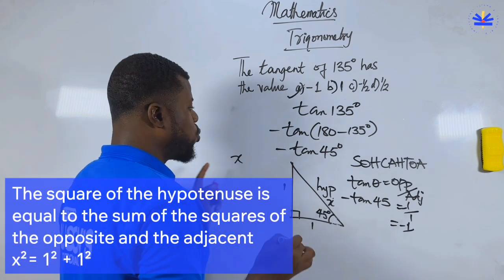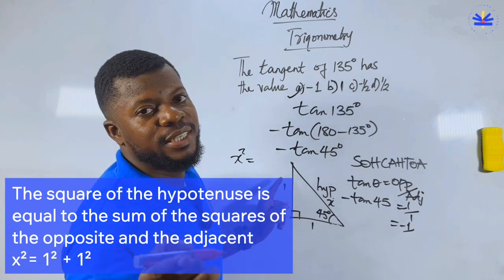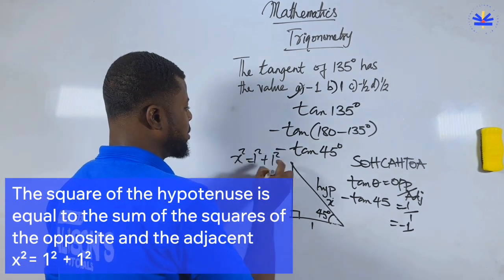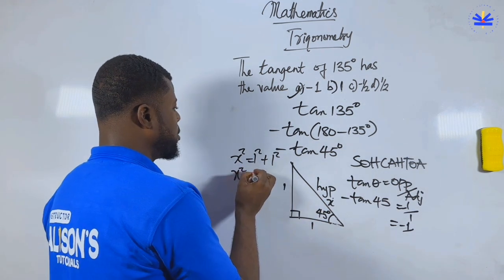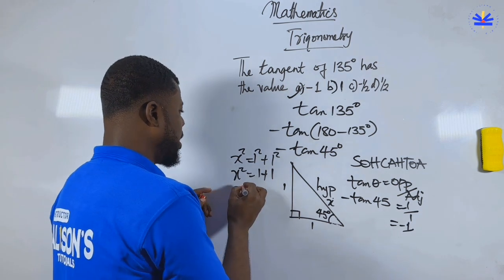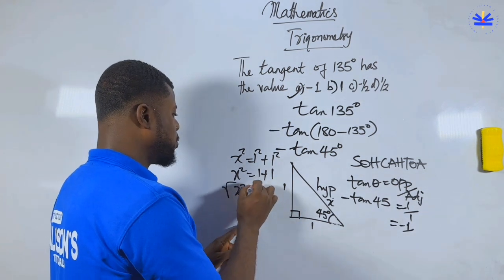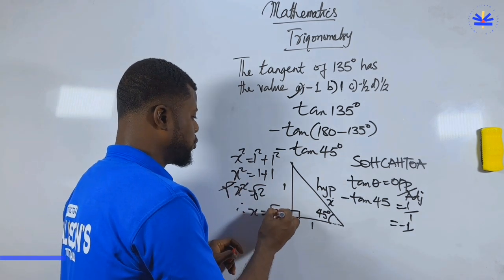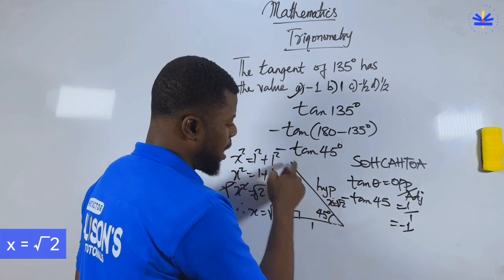By Pythagoras theorem, the square of the hypotenuse is equal to the sum of the squares of the opposite and the adjacent. 1 squared is 1 and 1 squared is 1. 1 plus 1 is 2. So x squared will be equal to 2. How do you get your x? You take the square root of both sides of the equation. The square will cancel the square root. Therefore, x will be equal to the square root of 2. So this particular point, the hypotenuse, is square root of 2.